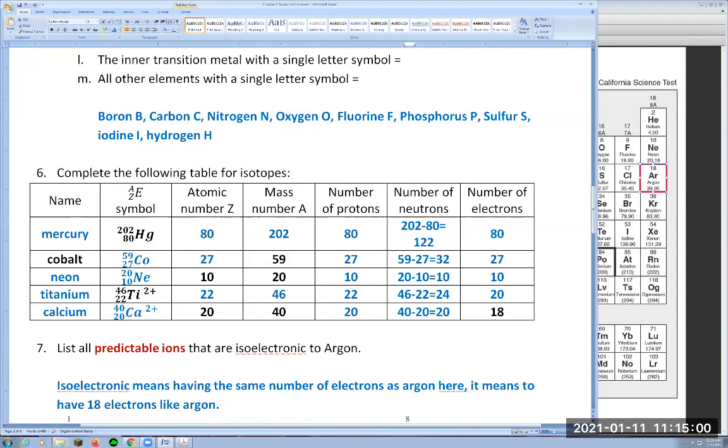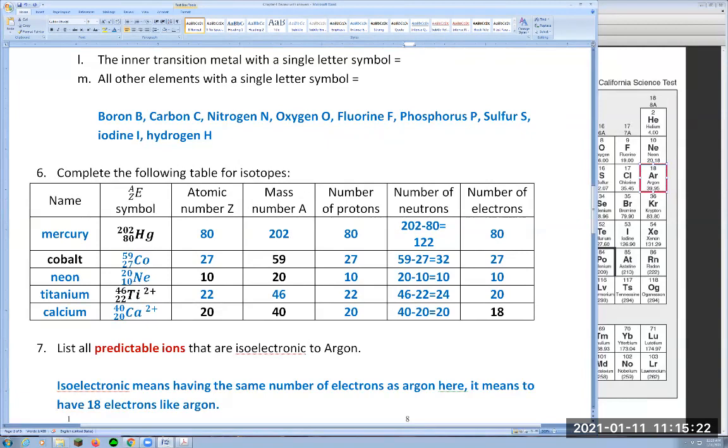Argon has atomic number 18, which means it has 18 protons in its nucleus, and as a neutral atom, it has 18 electrons. 18 protons, 18 electrons.